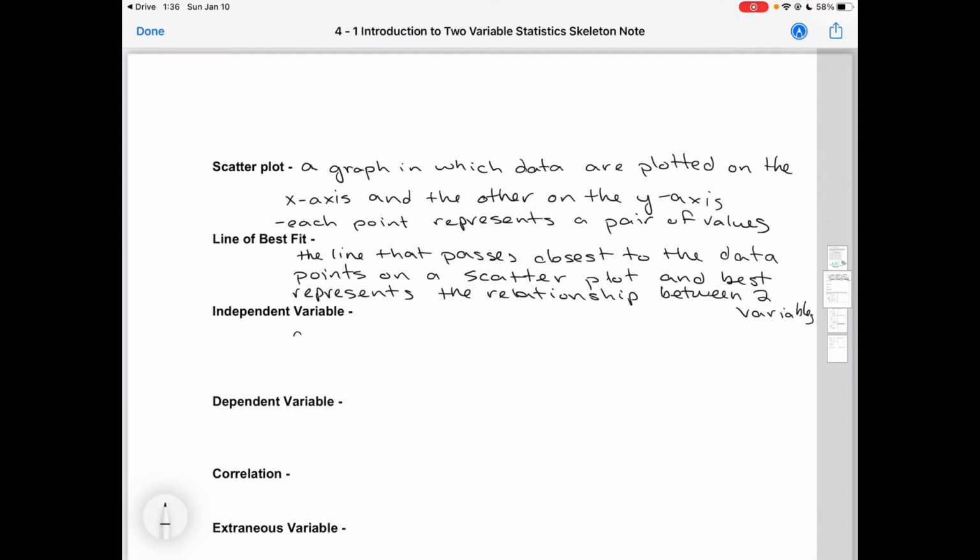We also have the independent variable, which is a variable that affects the value of another variable.